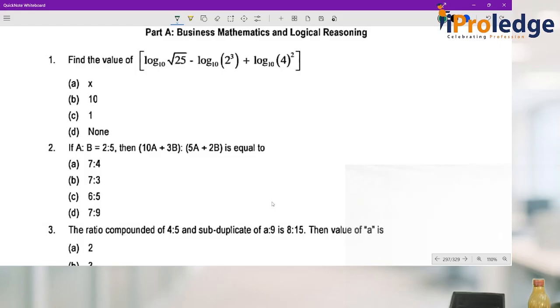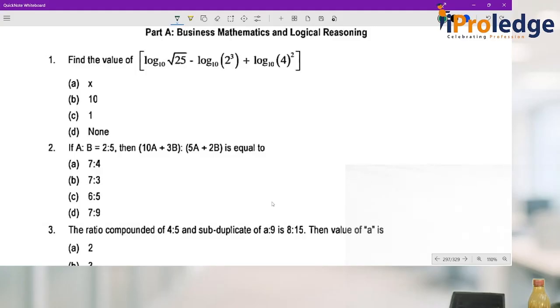Take minus square root of 25 is 5. 2 cube is 8. 4 square is 16. When you have minus, divide. Plus, multiplication.